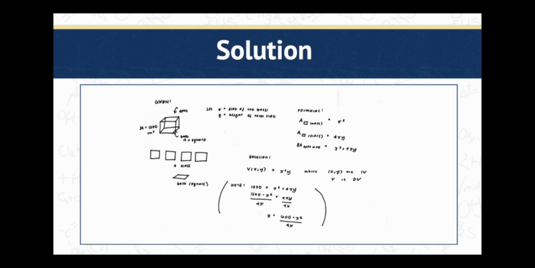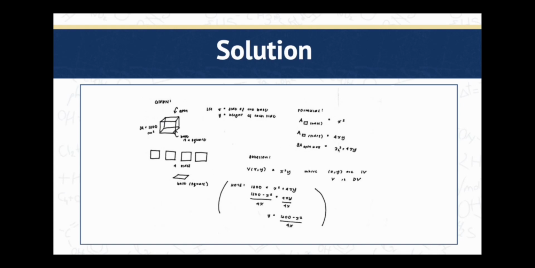So in the problem, it says 1,200 square centimeters of material, so we will be using a surface area of 1,200 square centimeters. If we write it down in an equation, it will be equal to x squared plus 4xy, where x squared is the area of our base and 4xy is the area of our sides.